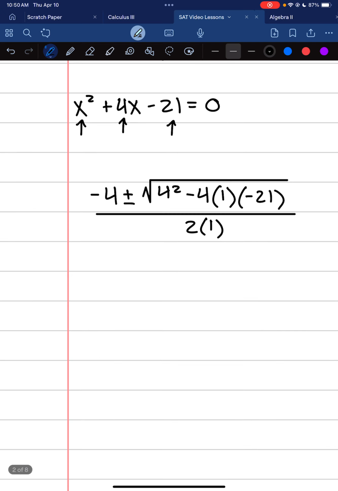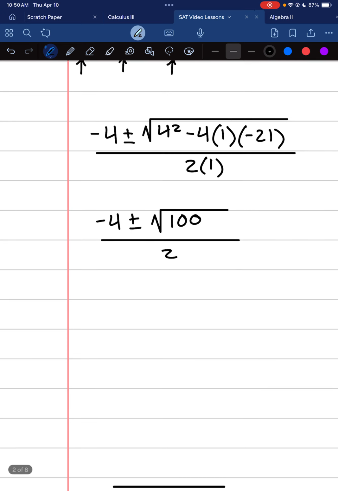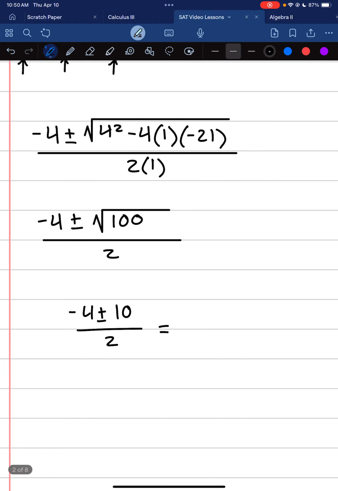Now I'll simplify this, and I end up with negative 4 plus or minus the square root of, in this radical, 16 plus 84, which is 100, all over 2. We know that the square root of 100 is 10, so we get negative 4 plus or minus 10 over 2, which is going to give us two solutions, right?